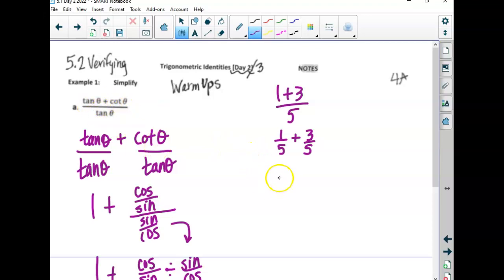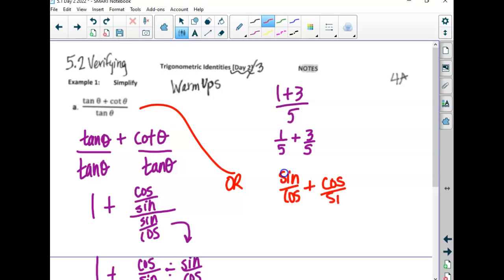So on the top, if I had rewritten that as sine over cosine plus, maybe I should do this in a different color. Sine over cosine plus cosine over sine, all over sine over cosine. How many of you think if you had seen that problem, you probably would have done that? Yeah?